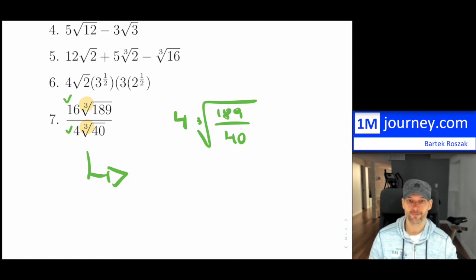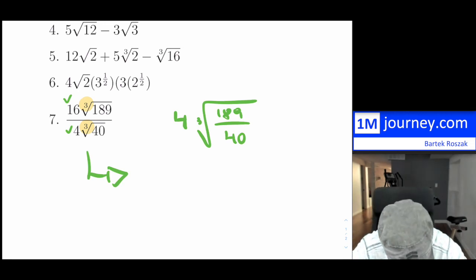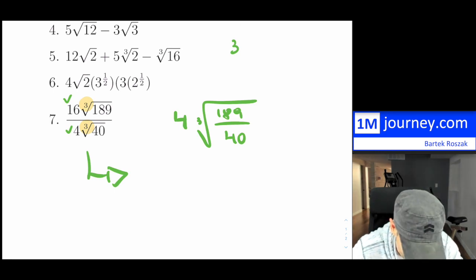Let's see what we have here. Well, 189 is not divisible by 2. How about by 3? We have 1 plus 8 plus 9, so yes, it is divisible by 3. 3 goes into 18 6 times, so 63.